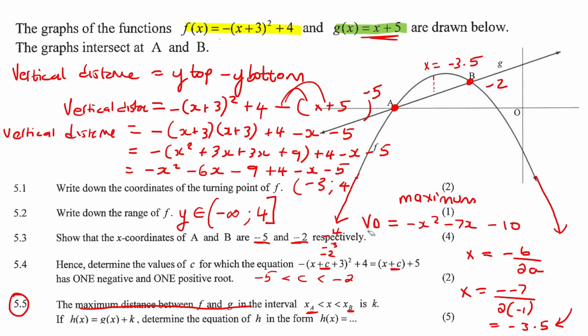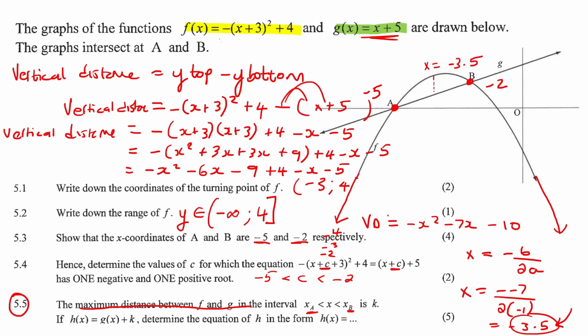So if we want to know, because this negative 3.5, that's not the vertical distance. That is just telling us where on the x-axis the vertical distance is. But it's not telling us what the vertical distance actually is. Okay? You can't have a negative vertical distance. That negative 3.5 is just telling us where on the x-axis we are operating.